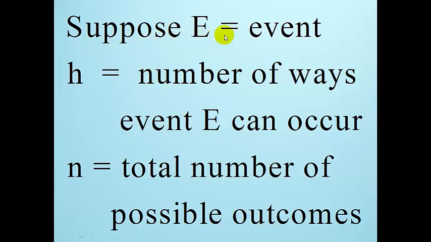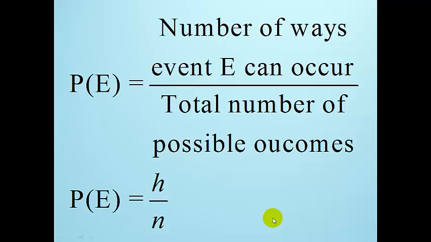Suppose E is an event, H is the number of ways event E can occur, and N is the total number of possible outcomes. The probability of the event E will be equal to the number of ways event E can occur divided by the total number of possible outcomes.